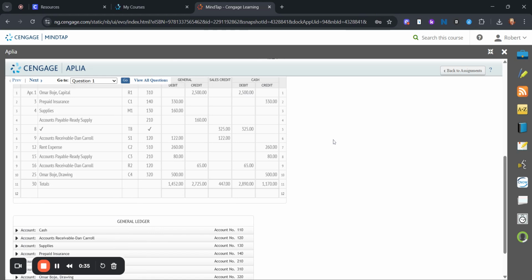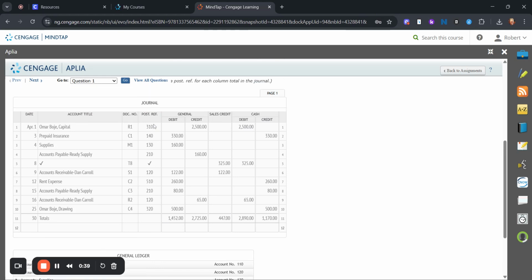So where we're going to start is across the bottom. When we did these other postings, we put the posting reference here in these boxes. Well, we're going to do a similar thing with these accounts.